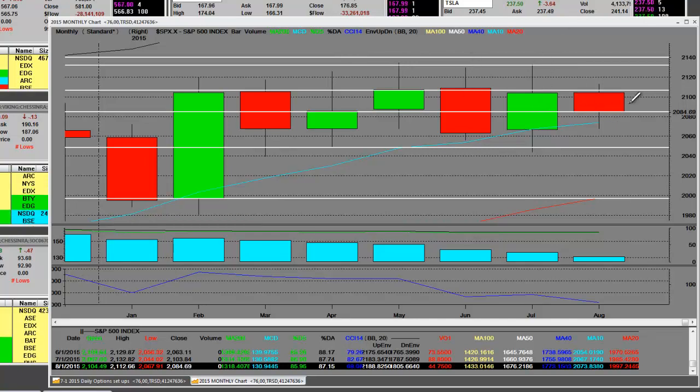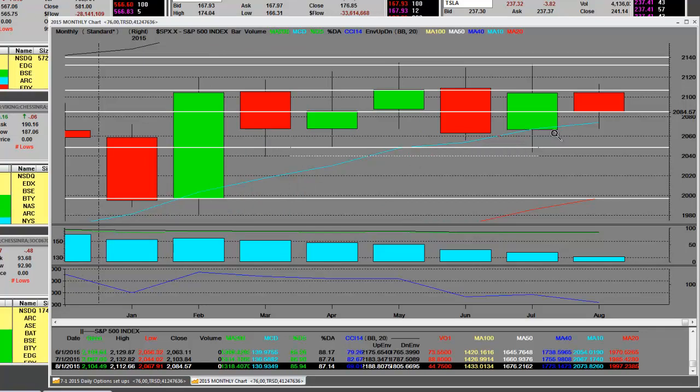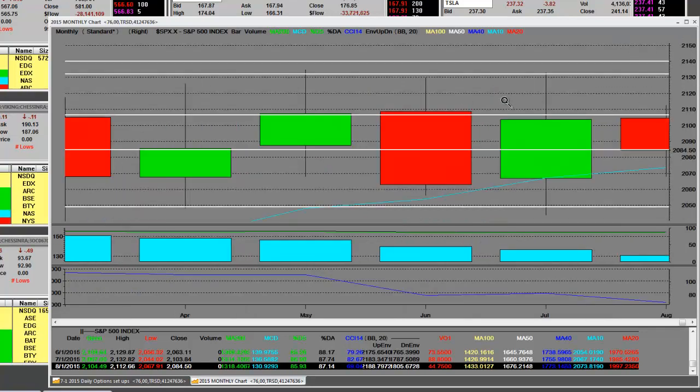Okay, here I'll just give you an example of what we're looking at when I say that. We're going to just blow this up right here. These are the highs. That was a high. It was lower than the previous high. This high came straight up, but this was 2130, and it went down.